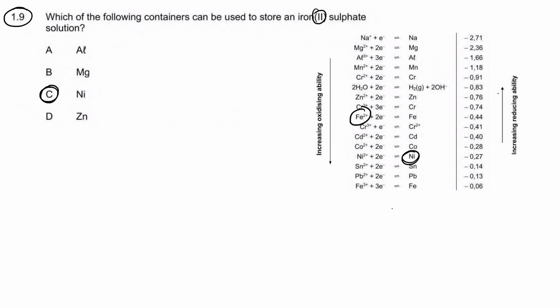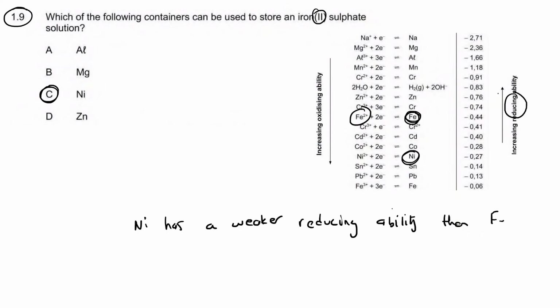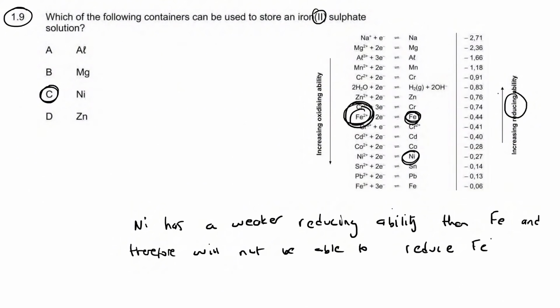You start with this nickel over here, and then you circle this one over here. Then you say something like this: nickel has a weaker reducing ability than Fe, and therefore will not be able to reduce Fe2+ to Fe.